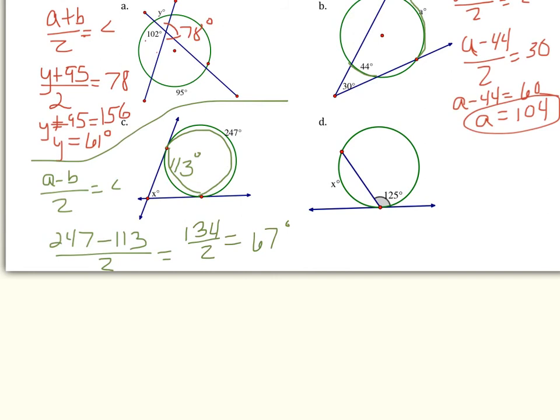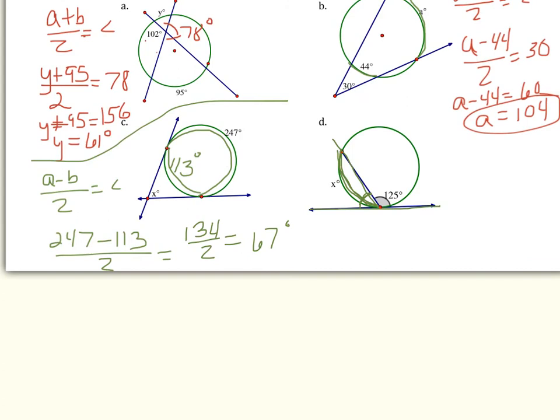All right, our last one. I see that this is a tangent line intersecting with a chord. So here's the chord. That would mean this is the arc being intercepted. And here's the tangent line. So I know this angle here is half of this intercepted arc. But then I'm like, okay, what is that arc?